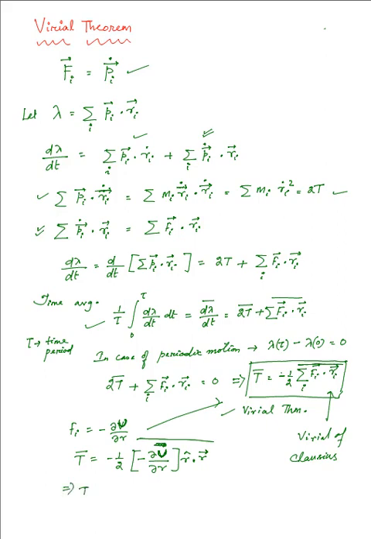So we have T bar equal to half of del U over del r times the r vector, because r cap dot product with r is going to be r itself. We have this as the energy term, and we need not give the vector notation any further. So this is another form of the Virial theorem which associates the potential energy with the kinetic energy term.